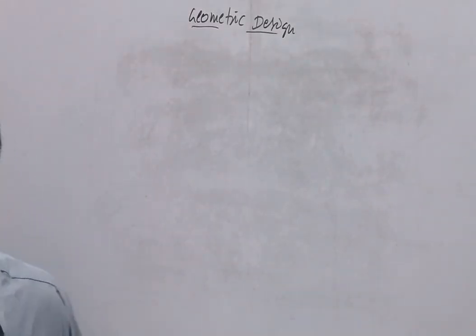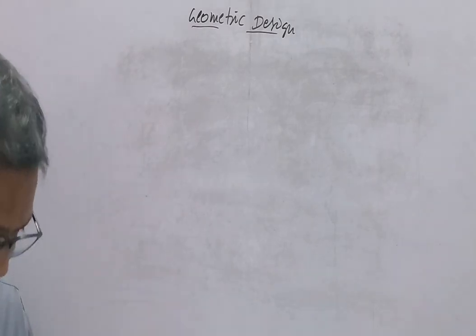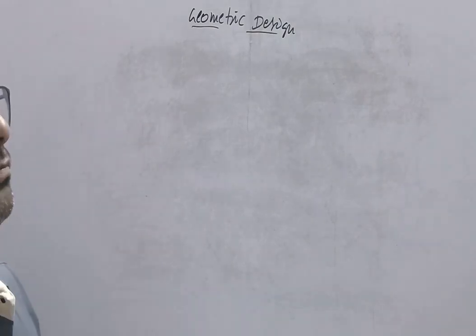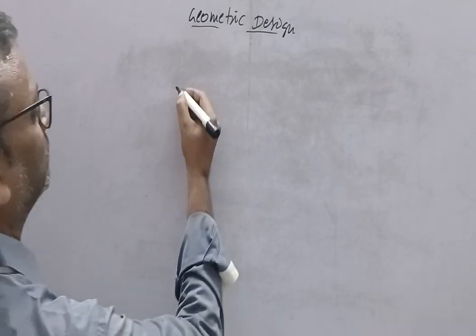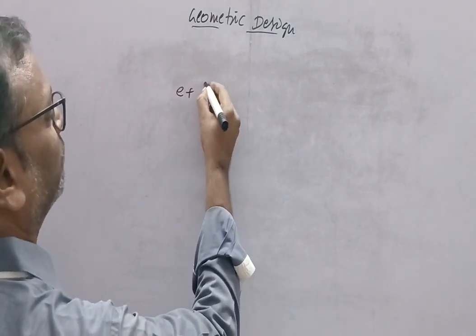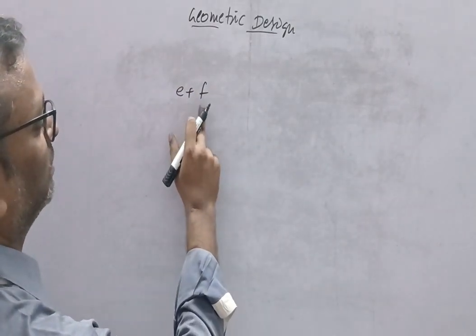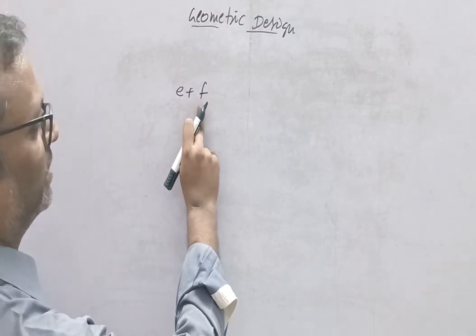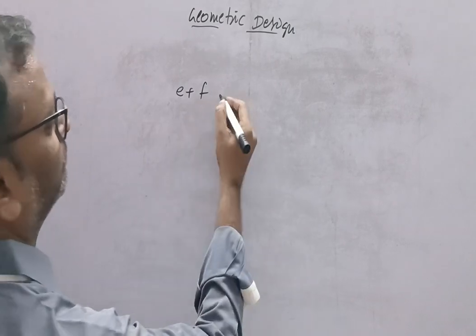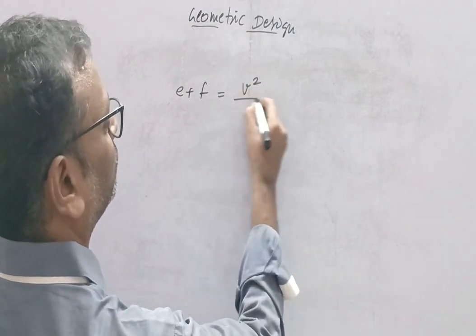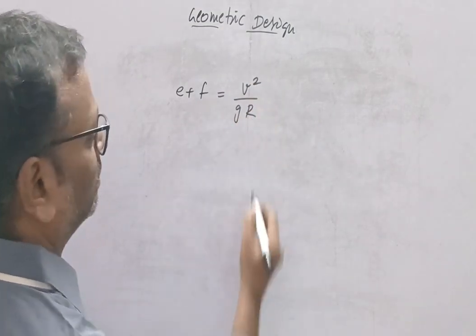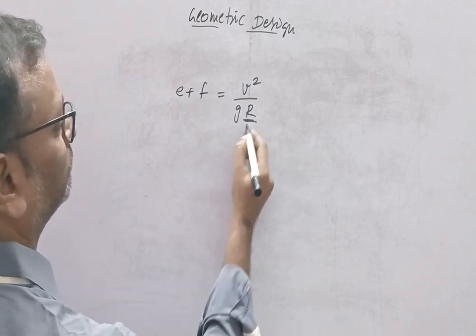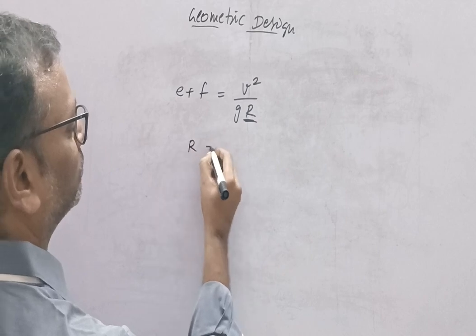Now we will see about radius of a horizontal curve. We know that e plus f, rate of superelevation plus coefficient of lateral friction, is equal to V square by gR, and this R is the radius, we know.